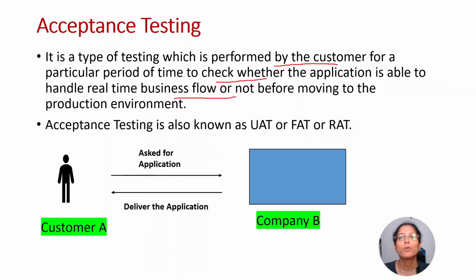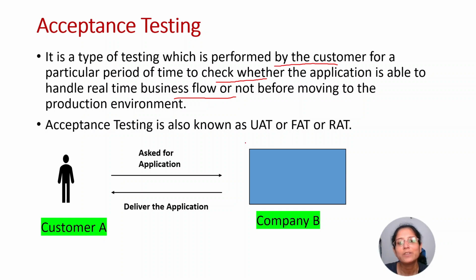So what the customer will do is, once the build is delivered to the customer, before moving to production, the customer will do the testing according to the end-to-end business flow to ensure that the application meets their requirement. The application meets their end-to-end business workflow. So that is the main motto of performing acceptance testing by the customer.